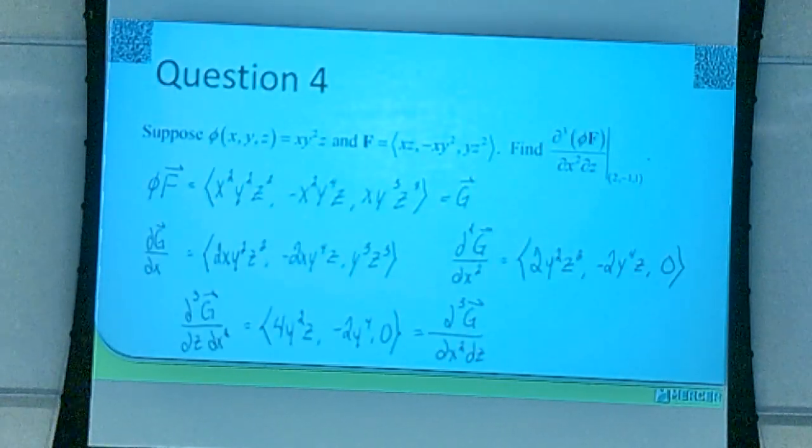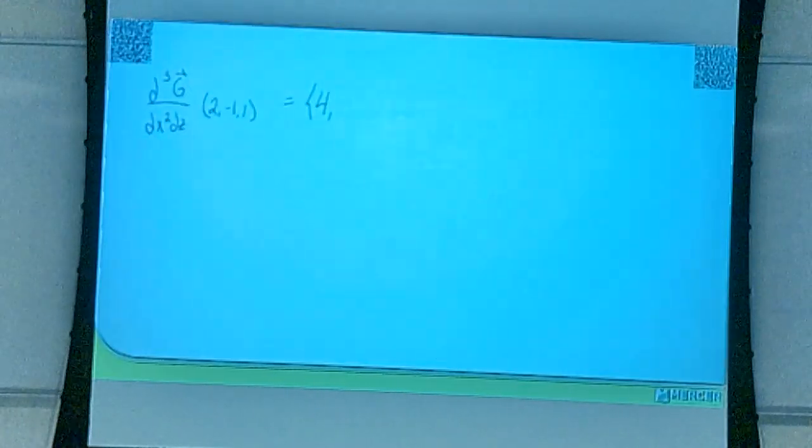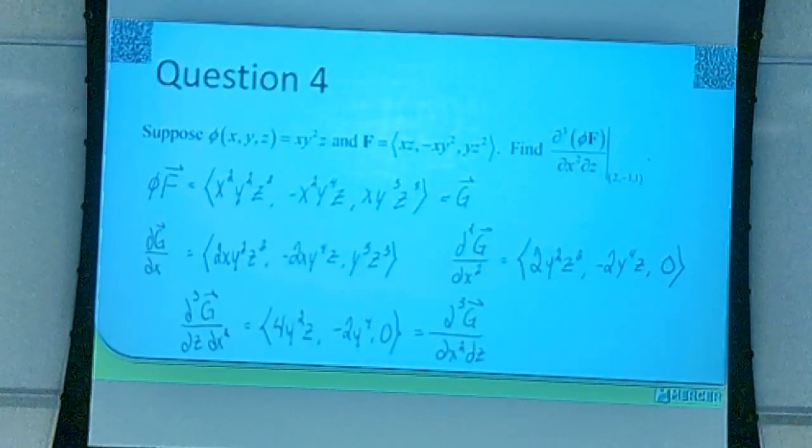Negative 1 to the 4th power is 1. And 0, there you go. Wait, so where do we get the point 2, negative 1? Sorry, they want us to evaluate it at that point. Oh, no, I see.